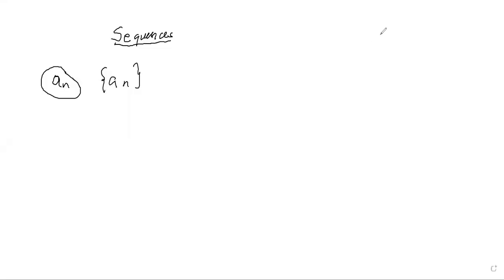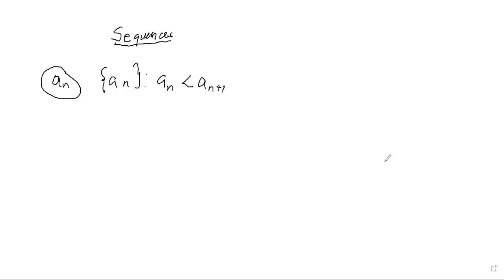Okay, so if I have this sequence and I want to check whether it's increasing or decreasing, what's the best way of doing that? Well, you're talking of, is a_n less than a_(n+1)?